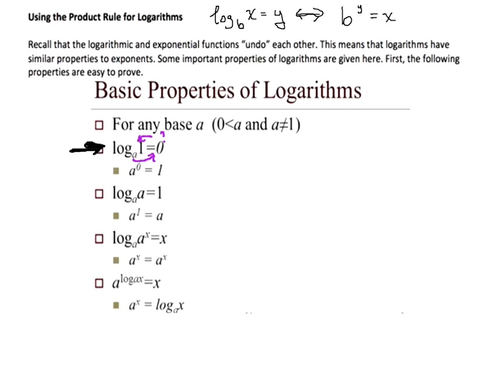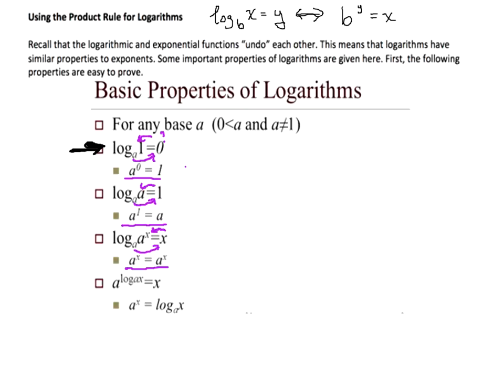Well, that has got to be 0 because a to the 0 power is equal to 1. Then we have log base a of a, and that's asking what can I raise a to make a, and obviously that's 1 because a to the first power is a. Then we have log base a of a to the x, and this says what can I raise a to get a to the x power, and that has to be x because a to the x is equal to a to the x.